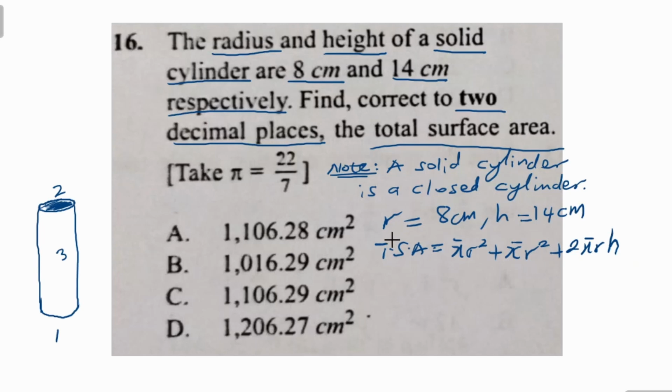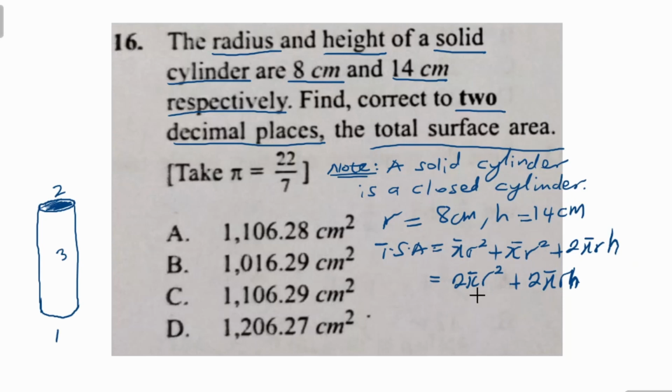Right, we can just substitute this directly, or we can simplify this, and these are like terms, so we can simplify further. It depends on whatever you want to do. So this is the same as 2 pi r square, because there are 2 of these, plus 2 pi rh.